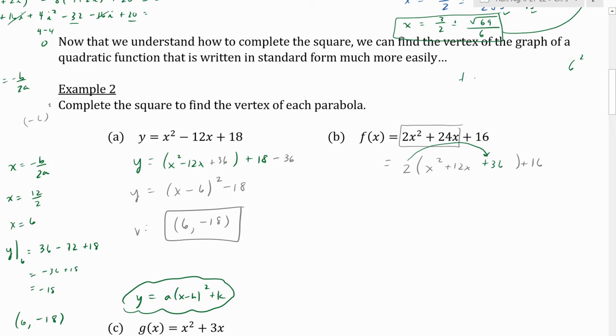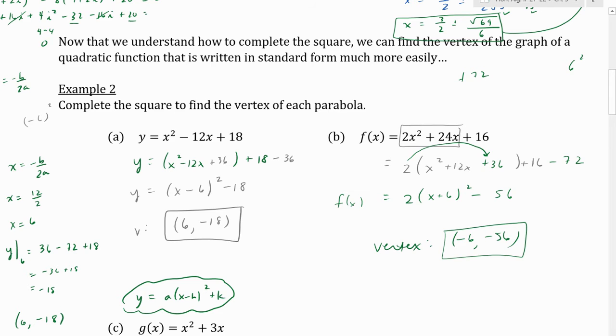I added a 72 to the right side. So I'm going to take it right back out. And that gets me 16 minus 72, which is negative 56. So that vertex, because I go 6 to the left and down 56, is at negative 6, negative 56.